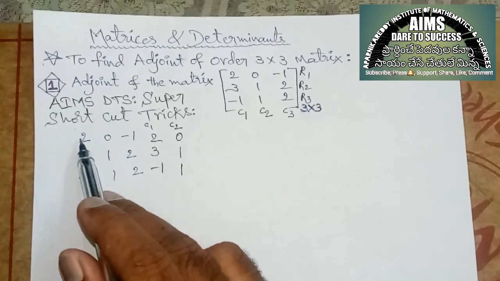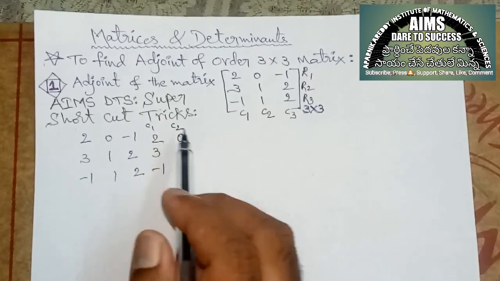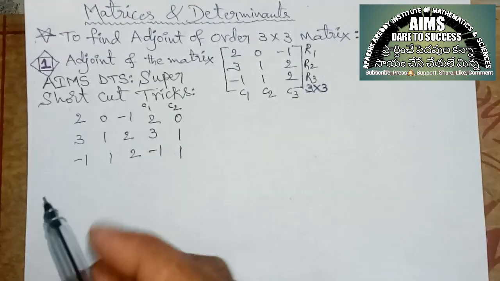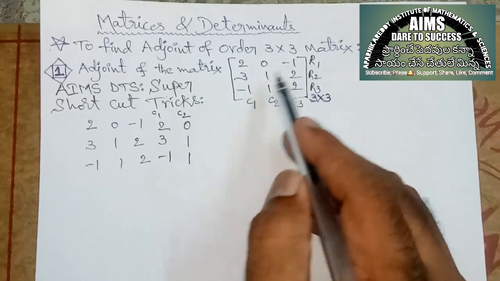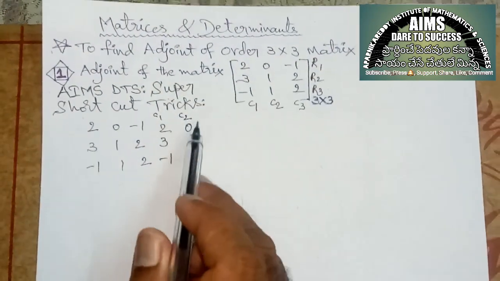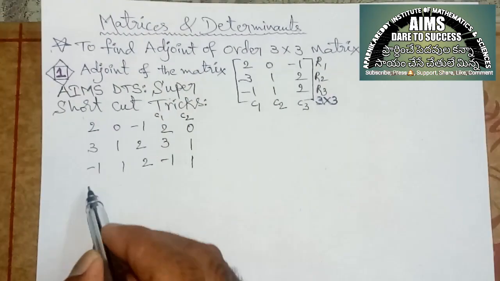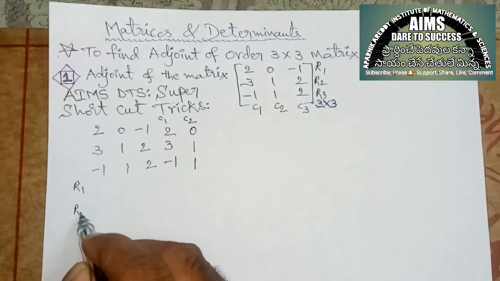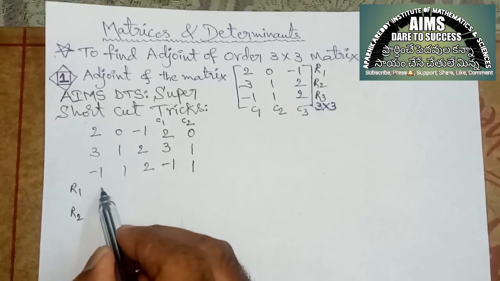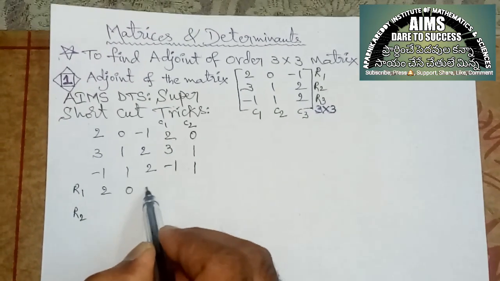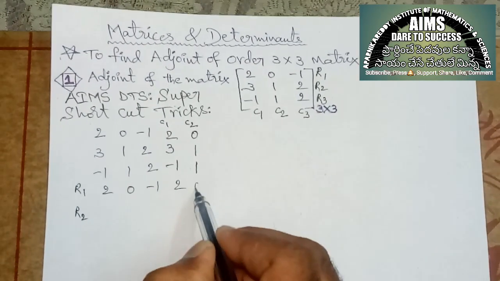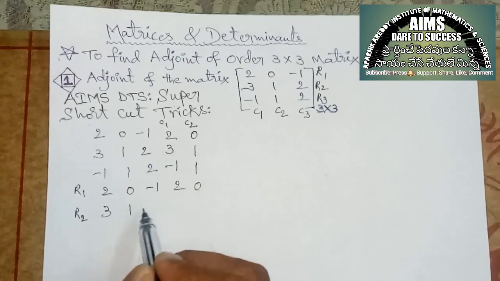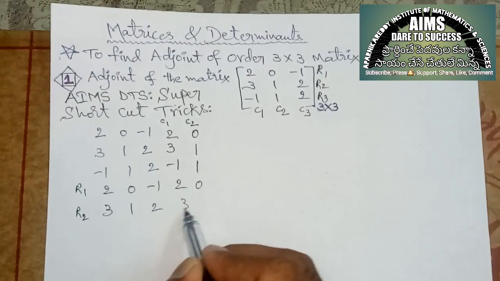From this matrix, column 1 and column 2, again you can copy paste. After writing this, from these values you can write row 1 and row 2. That is 2, 0, minus 1, 2, 0. Row 2 is 3, 1, 2, 3, 1.